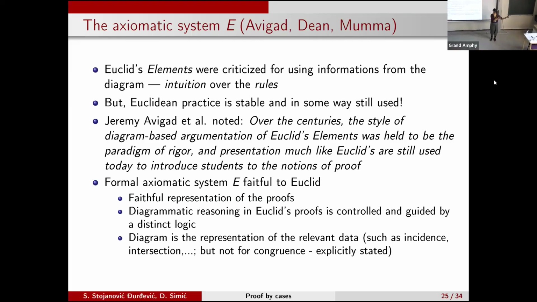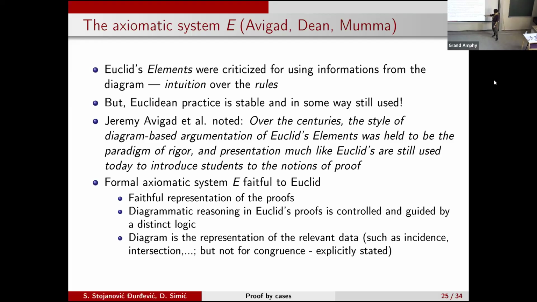So you have natural language proofs, and you have what I call semi-formal language, which they call axiomatic system E. More or less it's the same. I actually started to create such a language in parallel with them, but I didn't know about that. When I found out, it was 90% the same. So it shows that coherent logic really is the only form of logic that should be used for geometric proofs if you want readable proofs.